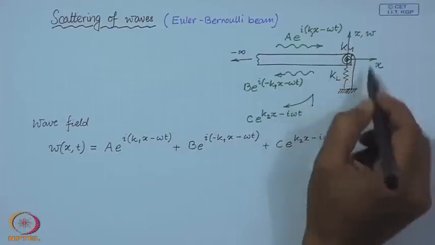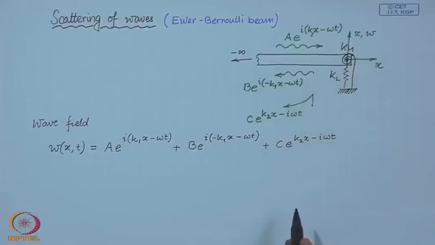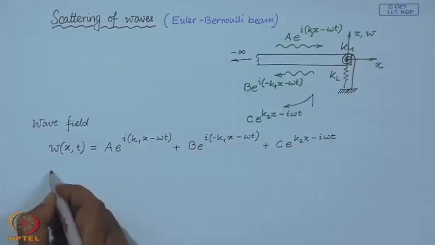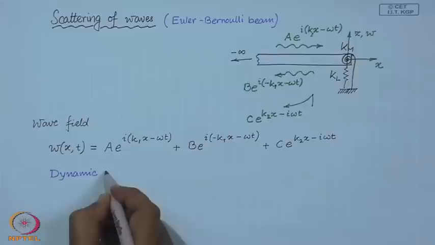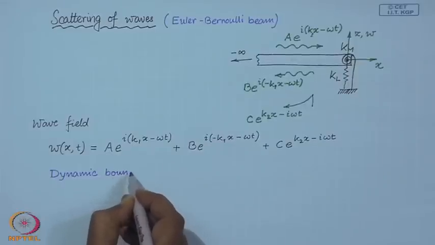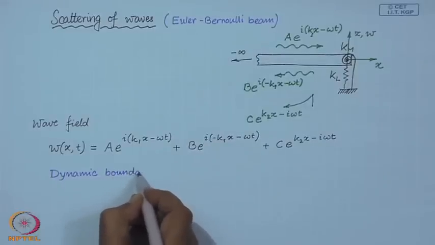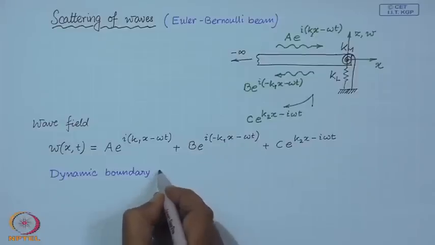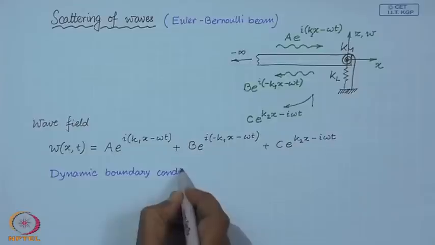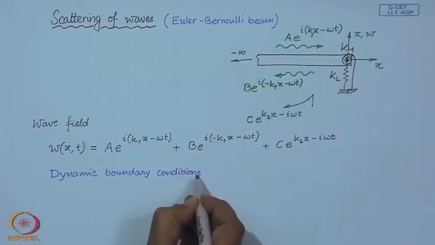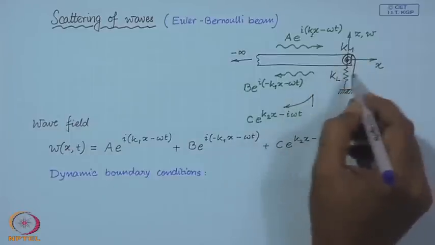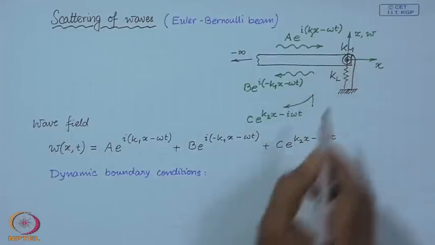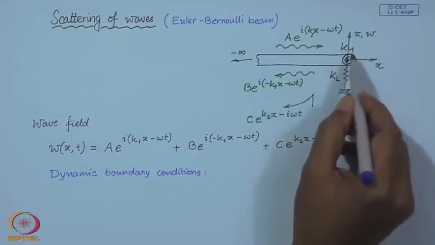Now here we have dynamic boundary conditions. At this end of the beam we have two boundary conditions.